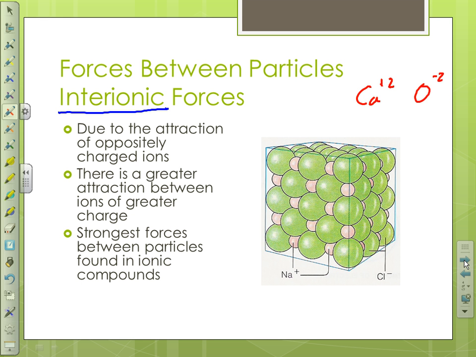They are held together most tightly of anything that's out there. And what does that mean? That means that compounds that have ionic bonds, where the ions are held together in a crystal lattice, this crystal formation, we're going to see a general set of properties.